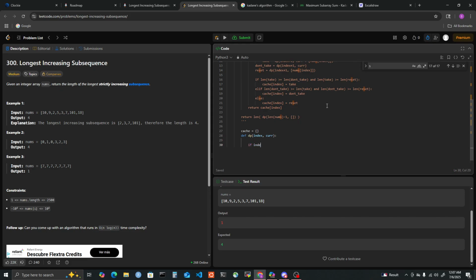Okay, if index not in cache, then we're gonna do include equals, exclude equals.